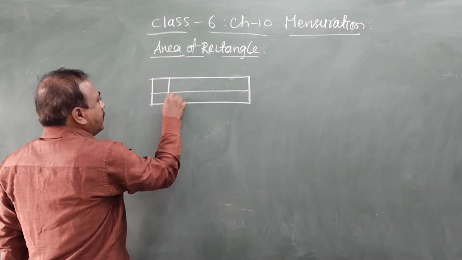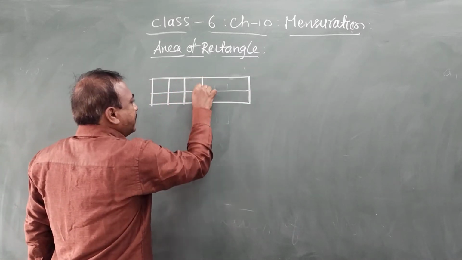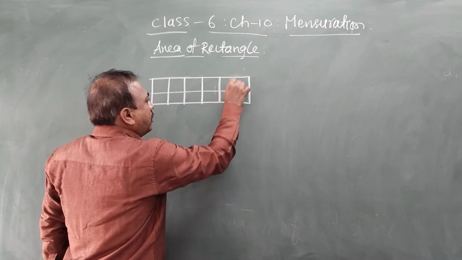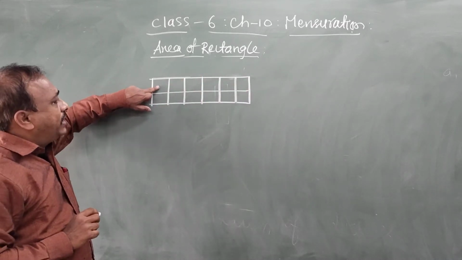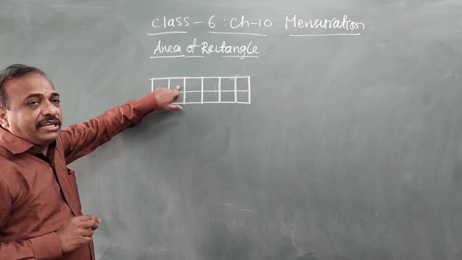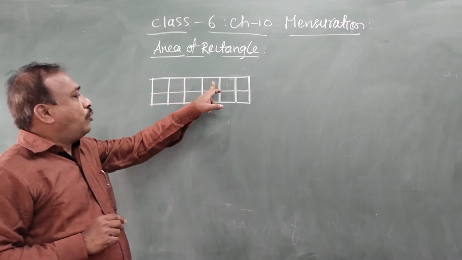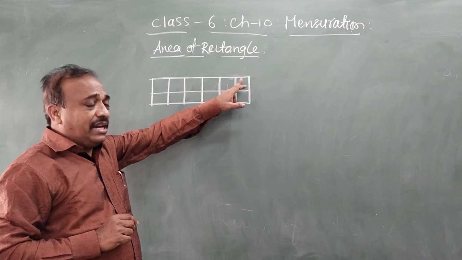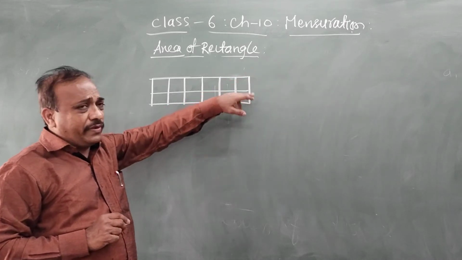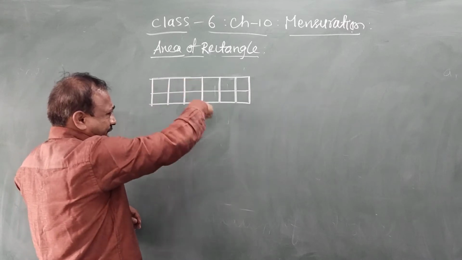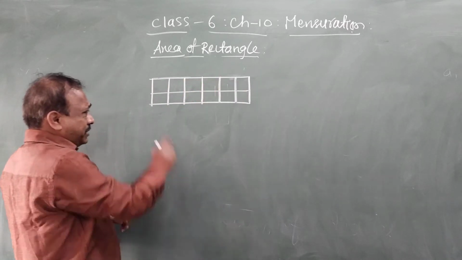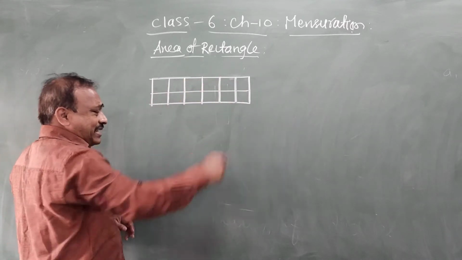This is 1, 2, 3, 4, 5, 6. Now you see, in the first row we have 1 square centimeter, 1 square centimeter, like this, and like this we have 2 rows. How many columns? 1, 2, 3, 4, 5, 6 columns and 2 rows, first row and second row.